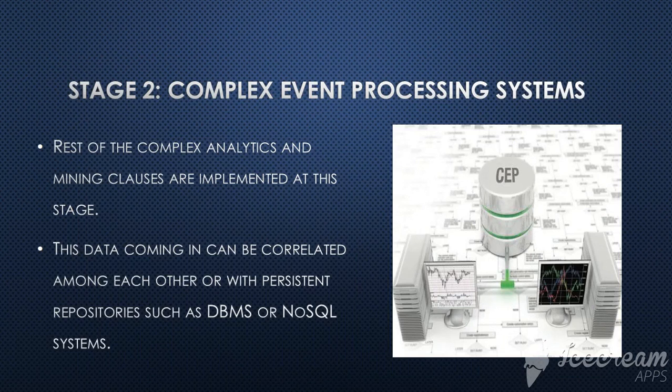At the second stage, the complex event processing systems, the rest of the complex analytics and mining clauses are implemented. And the data coming in can be correlated among each other or with persistent repositories such as the DBMS or NoSQL systems. The CEP system can be deployed on either public or private cloud systems.